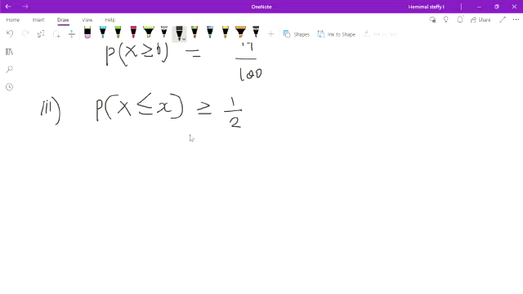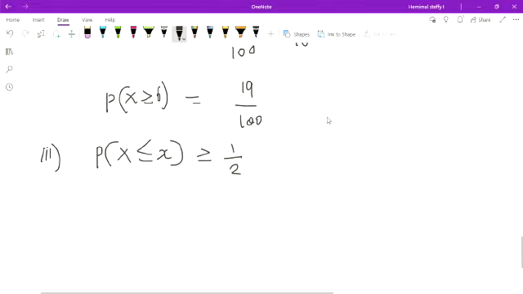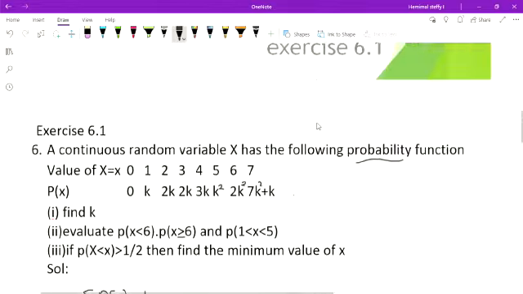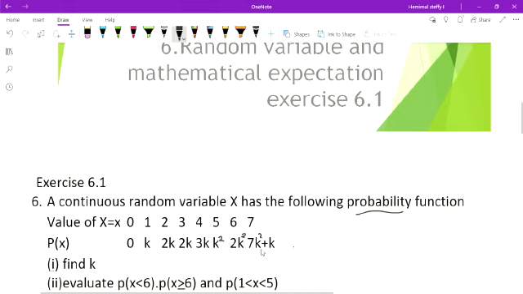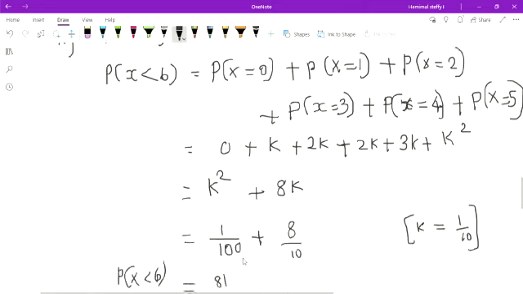So is it not possible? They have given the condition that the probability of X values is greater than or equal to 1 by 2. So we cannot take 5, 6, 7. I will take only 0 up to 4.